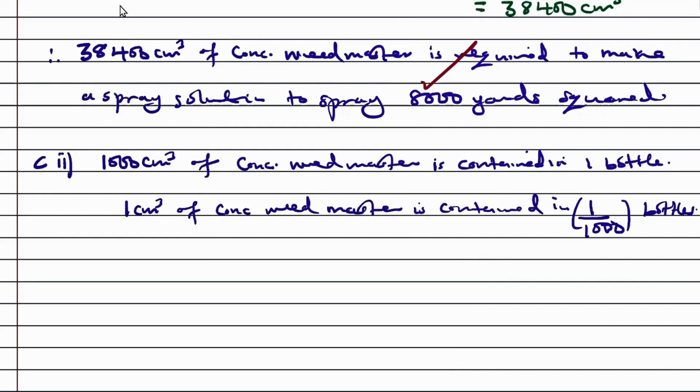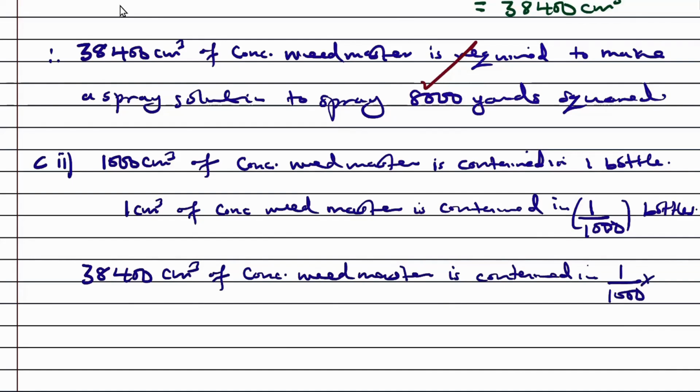So now what about the volume? The volume which is required is the 38,400 cubic centimeters of the concentrated Weedmaster is contained in, so simply we are going to get this multiplied by the 38,400. So when I compute in here, I'm getting the 38.4 bottles.